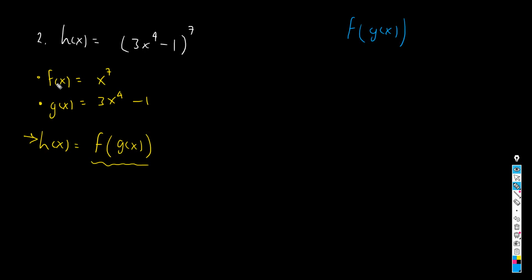What is f? f of x is equal to x to the 7. So I want to evaluate f not in x, but in g of x. And what is g of x? g of x is all of this. So basically I evaluate f in g of x, and that's going to be equal to 3x to the 4 minus 1 raised to the 7.